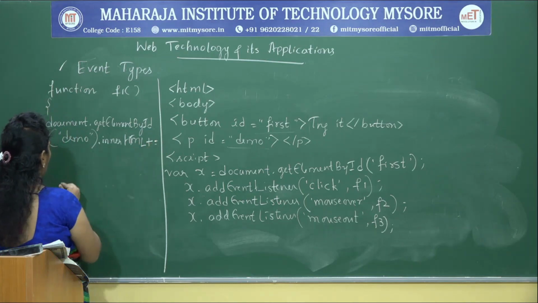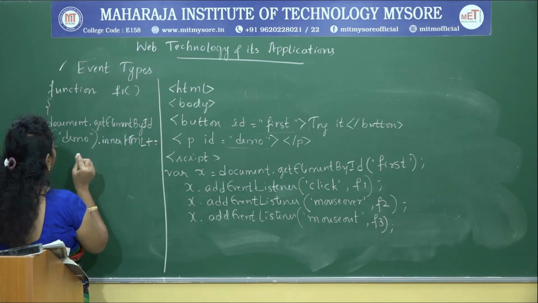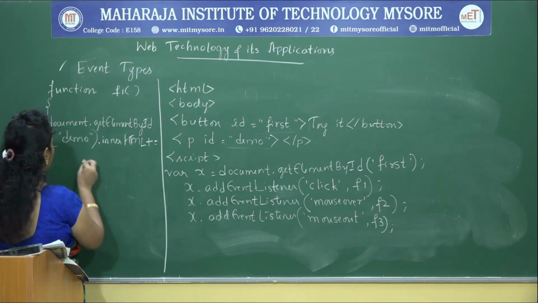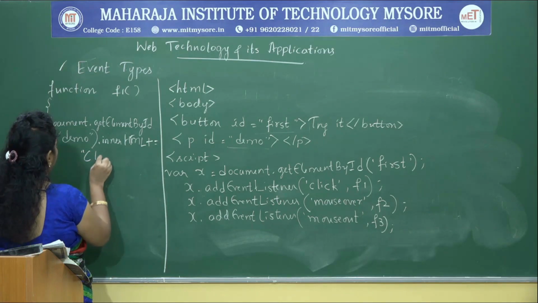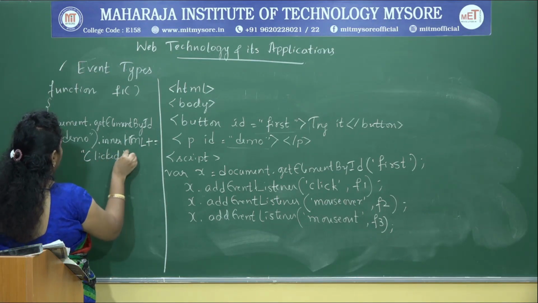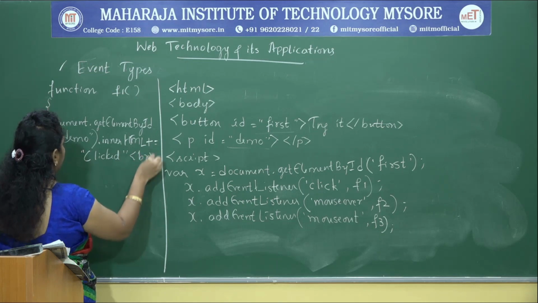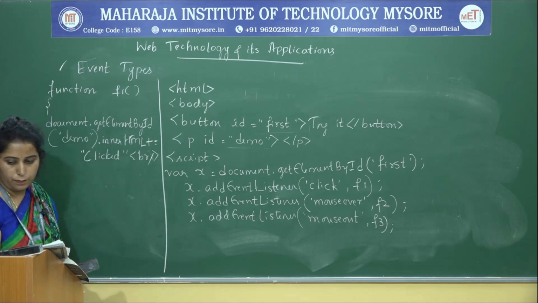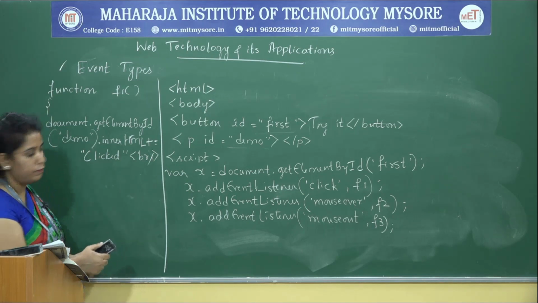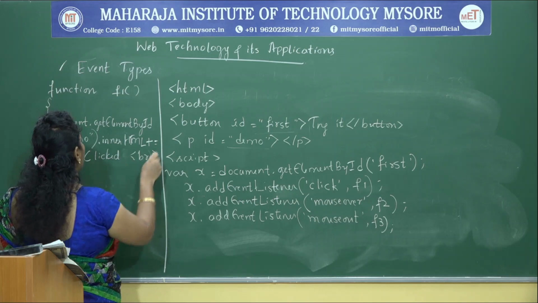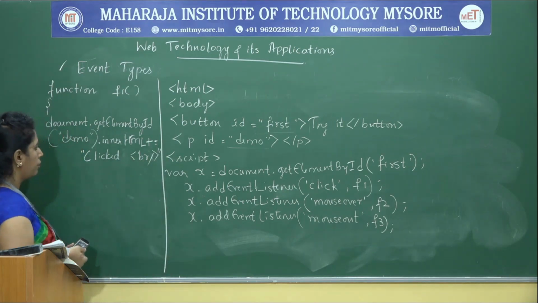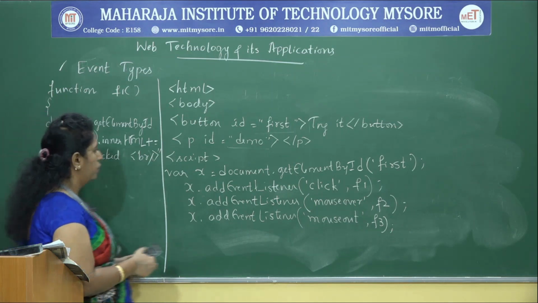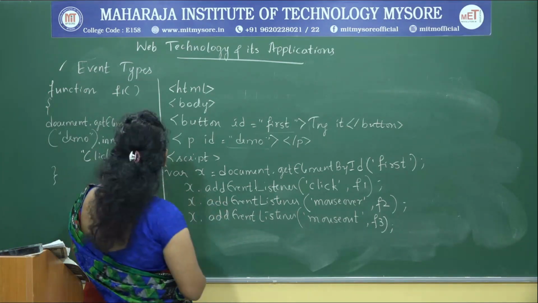This is a shorthand operator. It prints a message, that is clicked, then a break. You have to close the double quotes here. So this is a definition for function1.